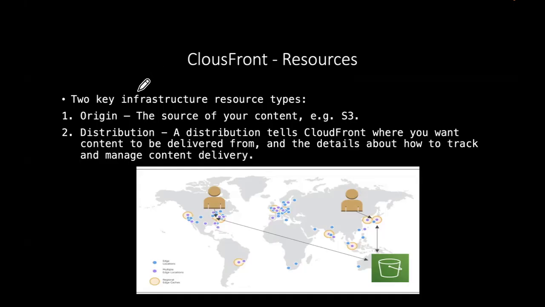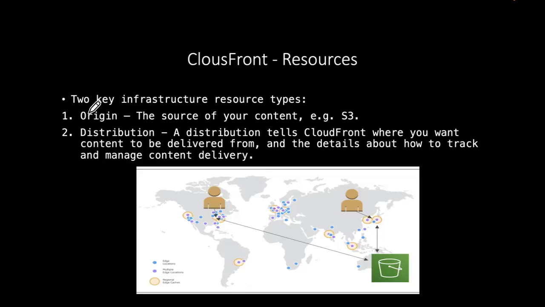Okay, so CloudFront is a content delivery network, and we can configure that network for the purposes of our websites or our web apps, which means we can write CDK code to do that. Now, in terms of cloud infrastructure, there are really only two resources that you create as part of your stack.